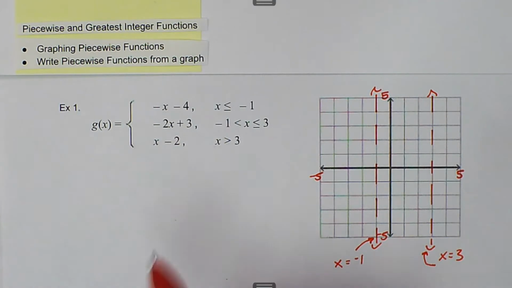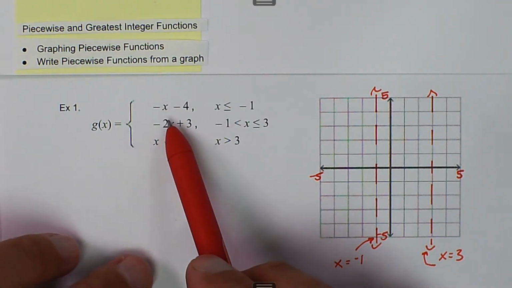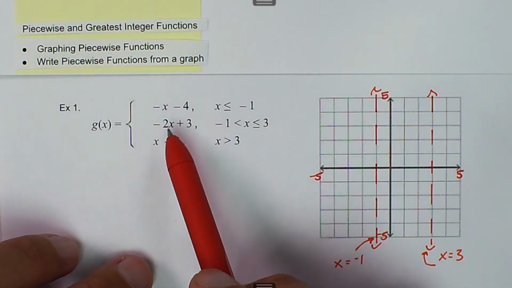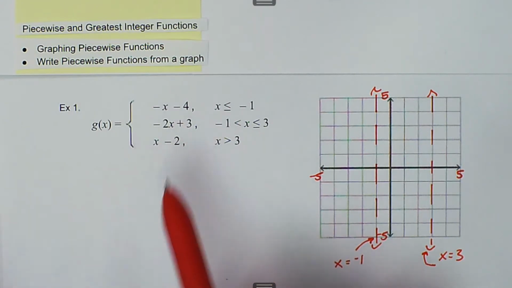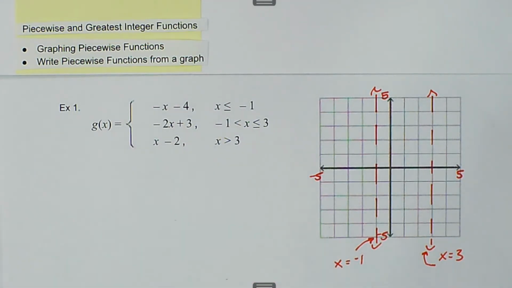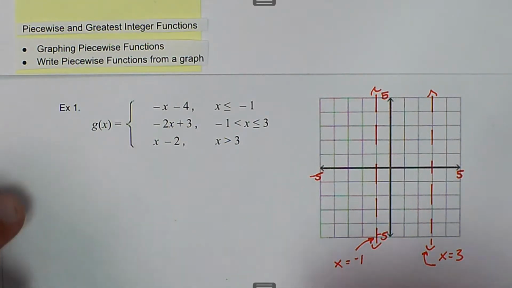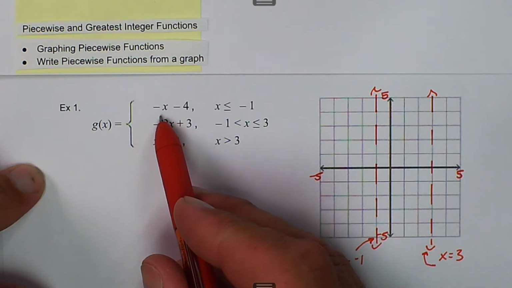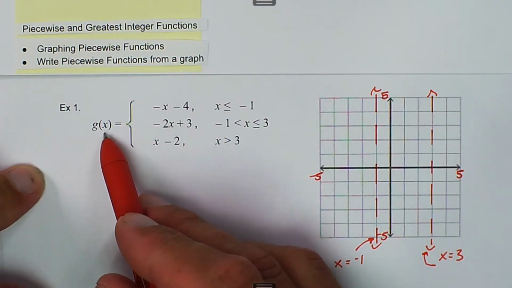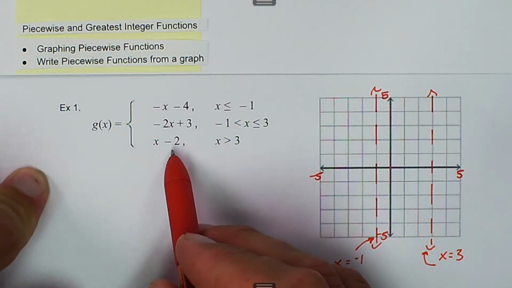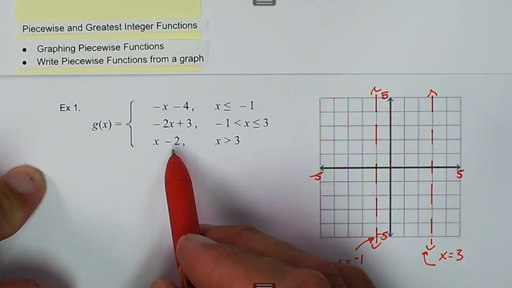Now I can take a look and I can see y equals -x minus 4, and I can think about graphing that. I can start with what would that mean if I substituted -4 into that equation.